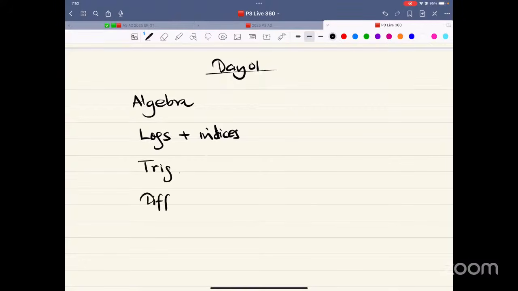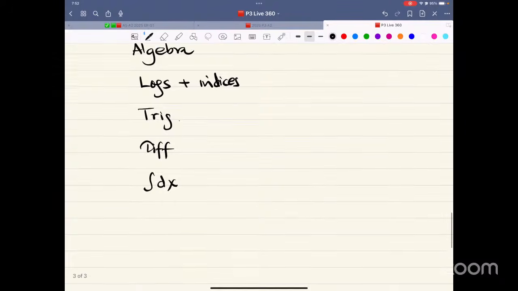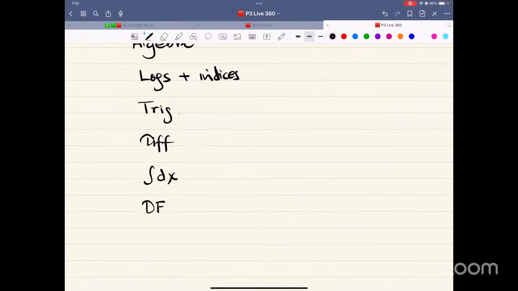The fourth one, that is differentiation. And the fifth one, that is integration. And maybe differential equations. So the major topics will be differentiation, integration, trigonometry.